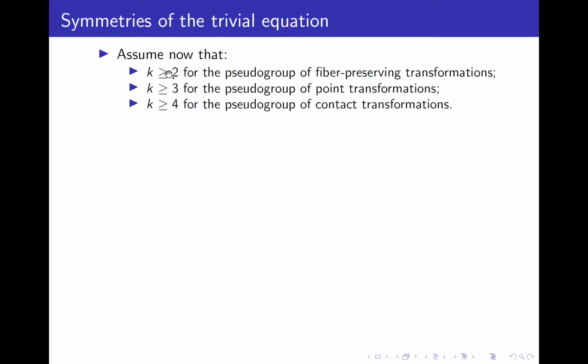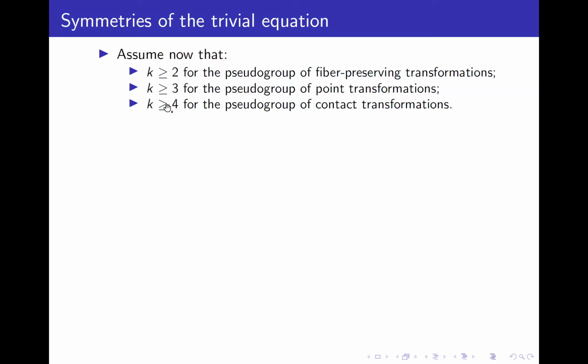What we'll assume for now is that we have equations of sufficiently high order. We need at least order 2 for fiber preserving transformations, at least 3 for point transformations, and I already treated k equal to 2 before, and k at least 4 for contact transformations.